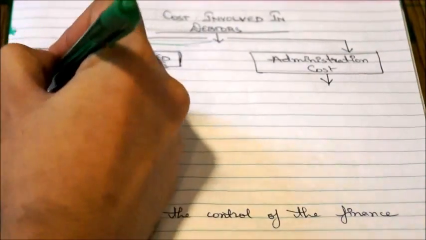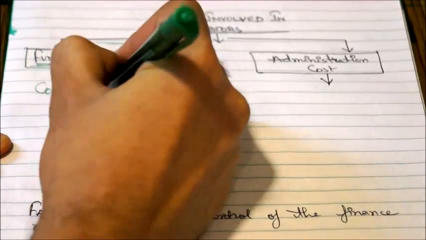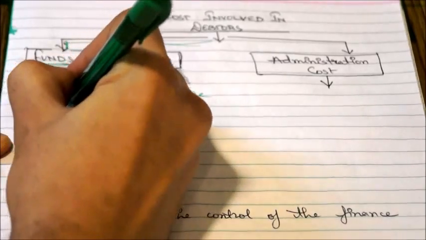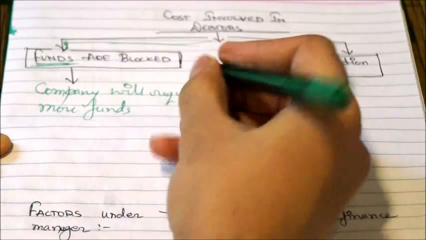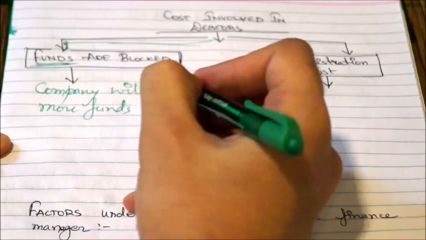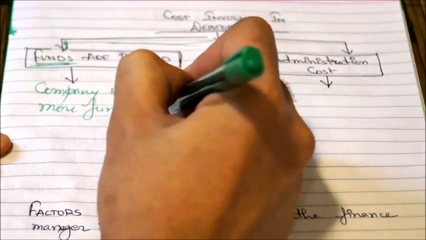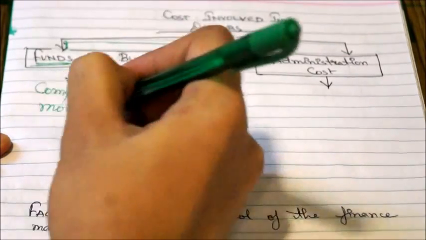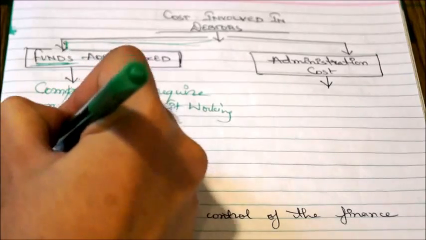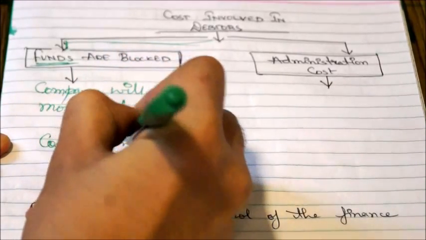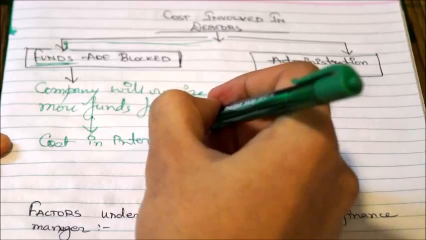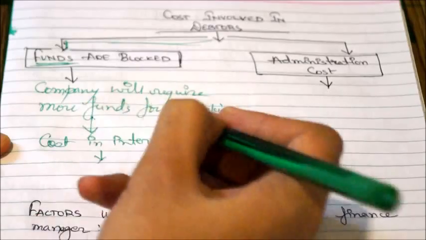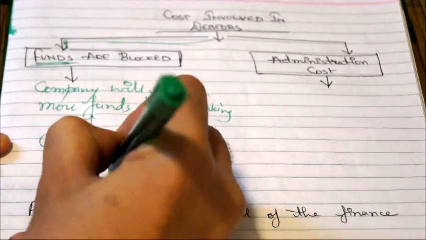So a company will require more funds, because now that it has increased its credit period, the company will require more funds for its working, and this will lead to a cost in interest form, because now the cost in the interest form would be nothing but your opportunity cost, because now the funds are blocked.